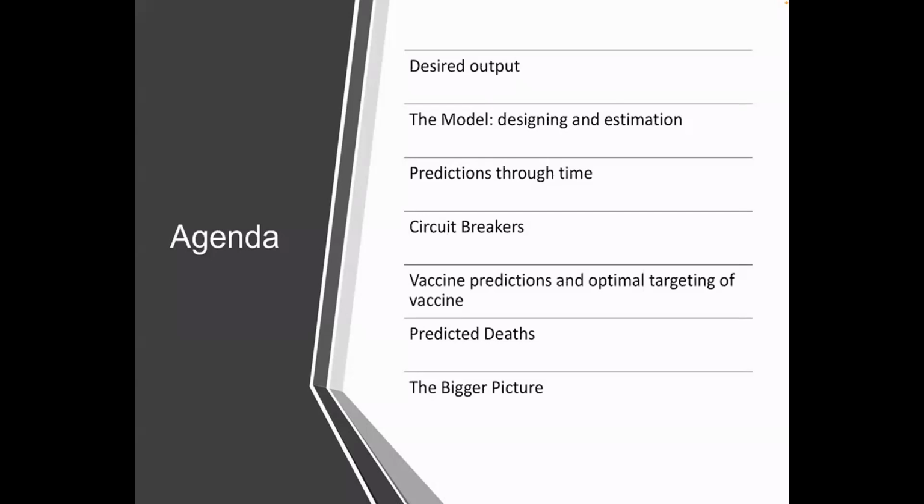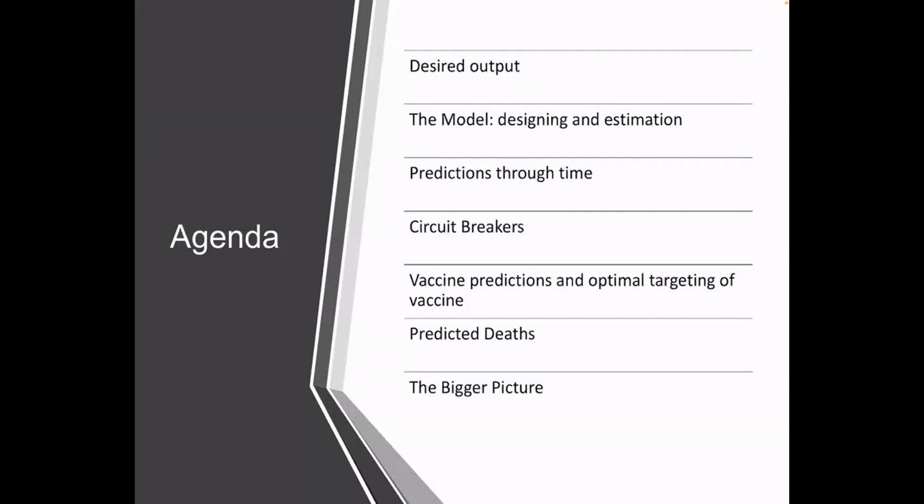And then we have the vaccine prediction and optimal targeting of vaccine. This is exactly how we proposed how the vaccine program in UK should go. And I'm very proud to say that of all the countries, as far as I know, I think there are about 200 countries in the world right now, UK's vaccination program is the best.